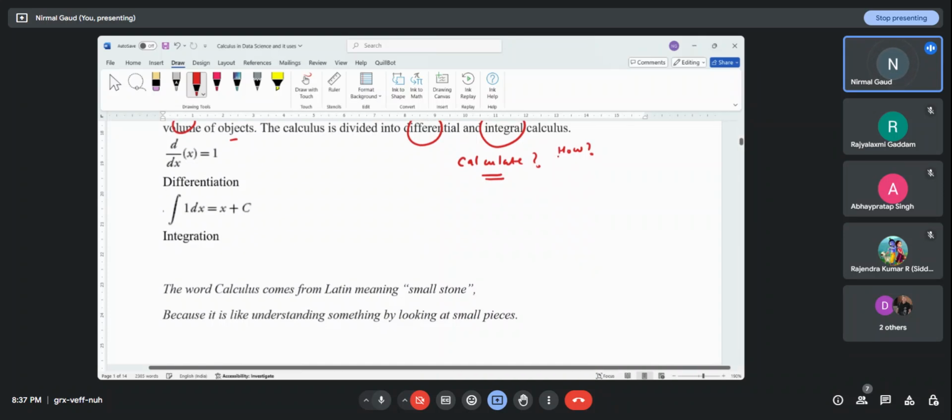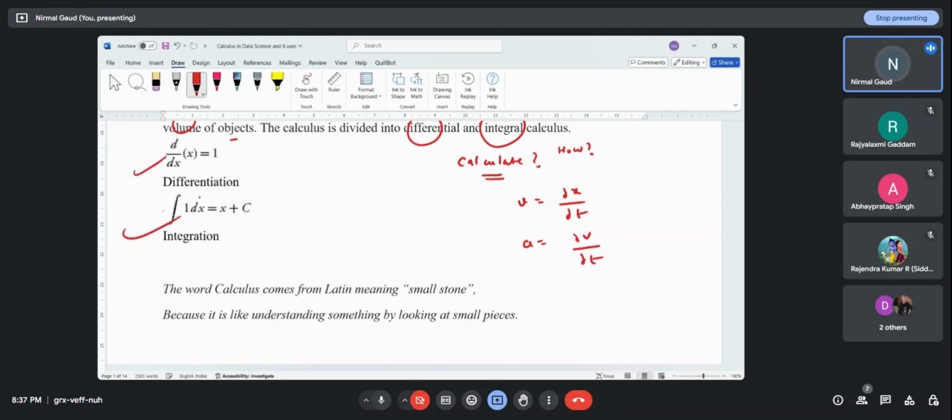Like if I would say, velocity is the rate of change of displacement with respect to time, and acceleration is the rate of change of velocity with respect to time. So something like this we have. Okay. So yes, we do use these concepts like differentiation, integration.